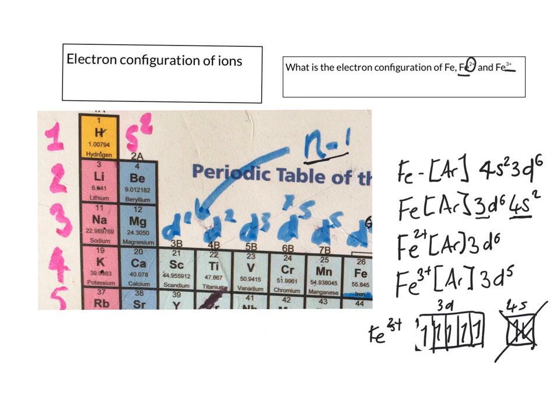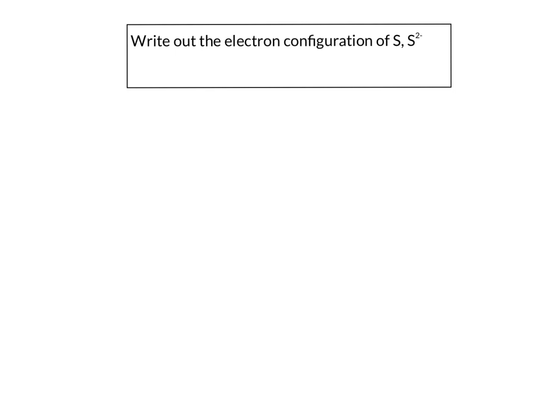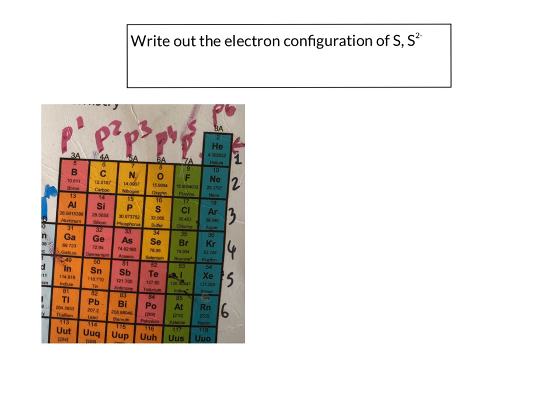Let's have a look at some anions. So now we're going to find the electron arrangement of an ion, and this is the sulfide ion. So first of all, let's find sulfur in the periodic table. So here is sulfur, and we can see that sulfur is in the p4 group, and it's in the 3rd energy level.